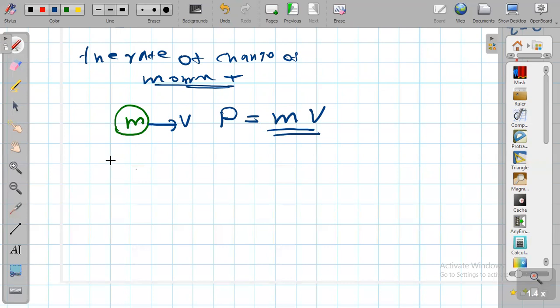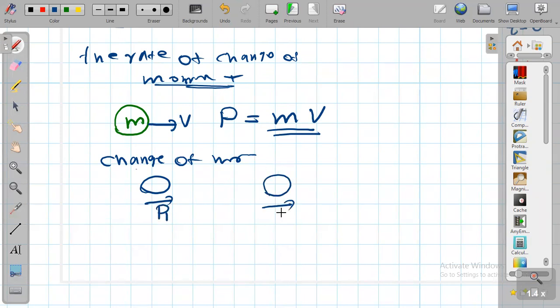What is the change of momentum? If you had an initial momentum of vi, there is a final momentum of vf. So the difference is the change of momentum. Delta p is vf minus vi.